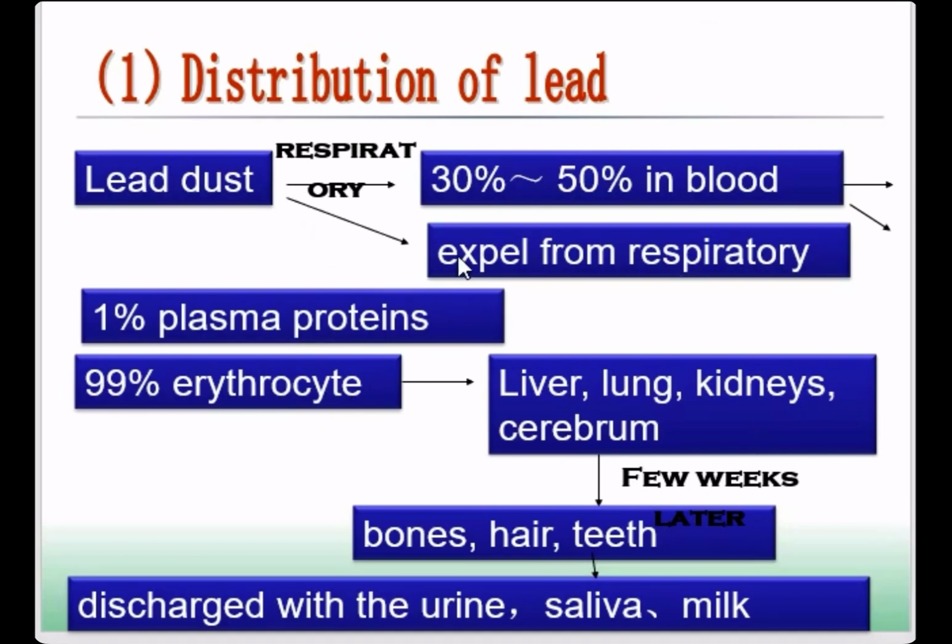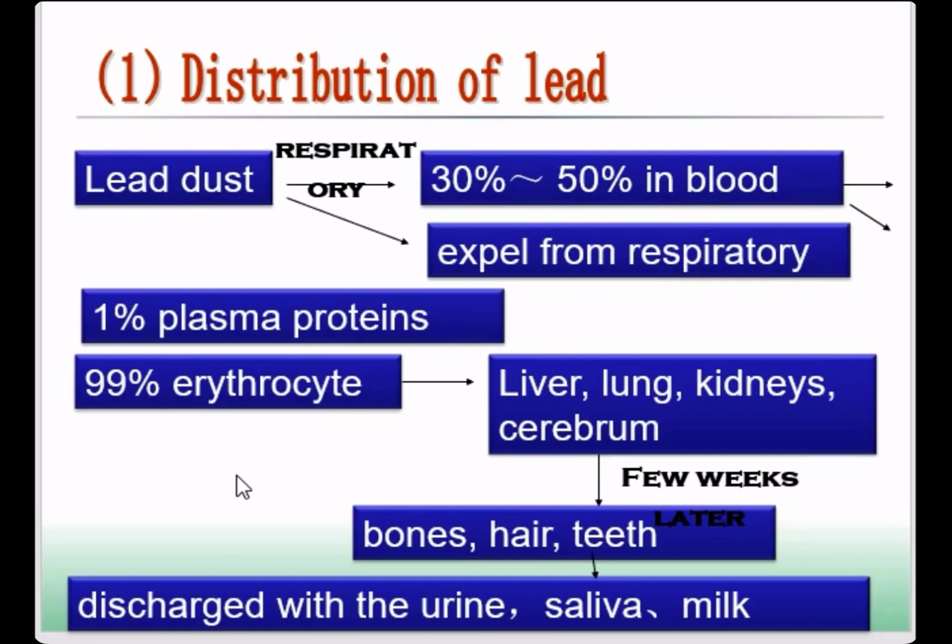After it goes inside, the majority of it can be expelled from the respiratory tract because the particle size is big. But the small size can stay in our body. There will be 30% to 50% in the blood, immediately.